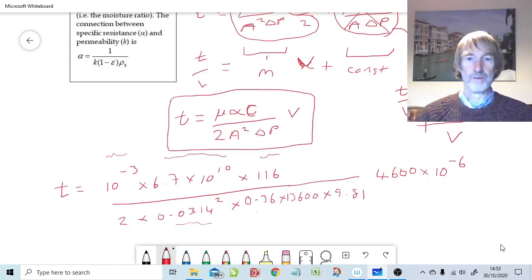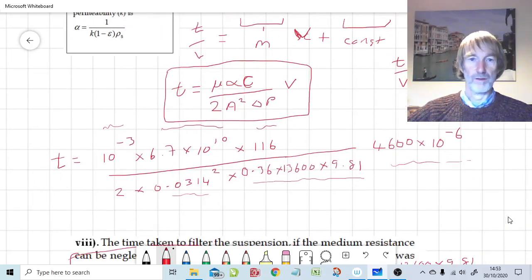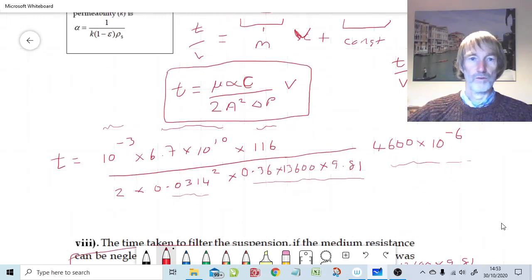Then the pressure drop is all this calculation here, and then we also need the volume, which is what we have over here. So there's an awful lot of numbers to punch into a calculator.